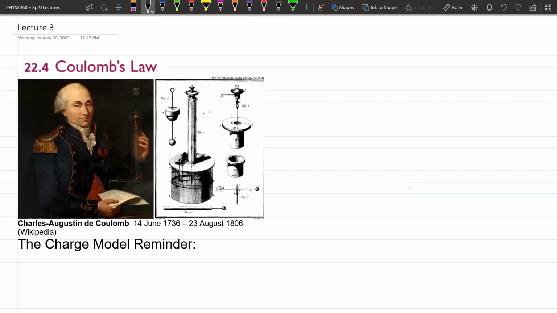Okay. So the first 3 sections of the chapter were about this idea that there are these 2 things called charge, right? And then we learned they're actually called electric charge. They used to be called glass charge and plastic charge, but then we figured out that the glass charge is actually positive charge, which is associated with the nucleus of the atom, whereas the plastic charge is the negative charge, which is from the electrons in the atom.